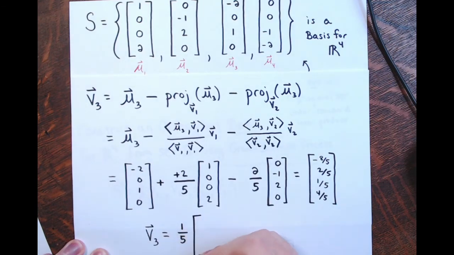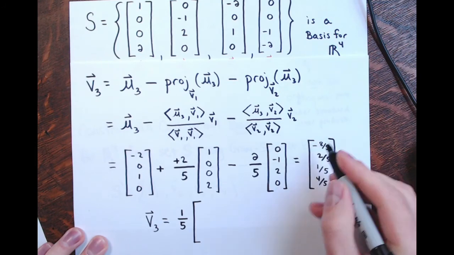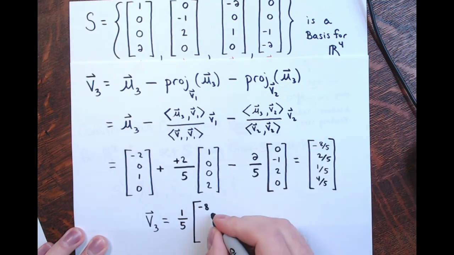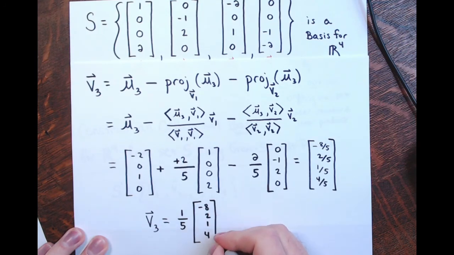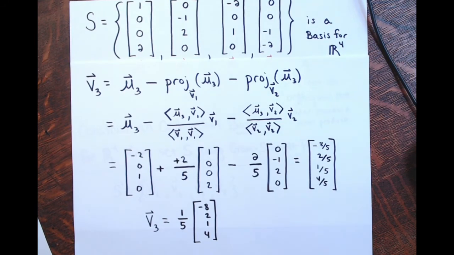I'm going to pull that scalar out, and then times the vector -8, 2, 1, and 4. Okay, there's v3. All right, so now I've got v1, v2, v3. Last one, to finish off my orthogonal set, v4.